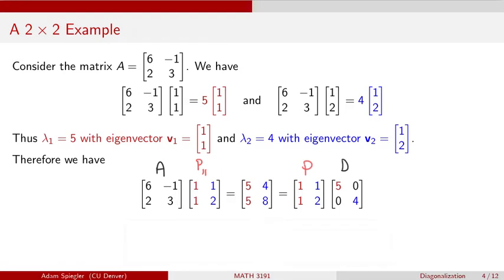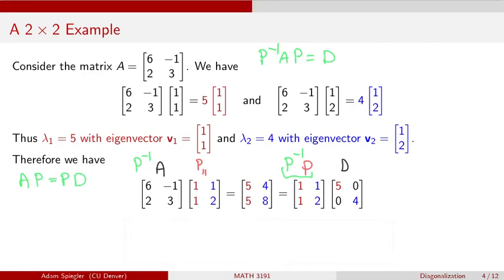And multiplying this relation on the left on both sides by P inverse gives us exactly this relation, that P inverse A P gives us D, because that is going to give us the identity matrix. So this is one way to verify whether your matrix P does the trick: check whether AP is equal to PD.